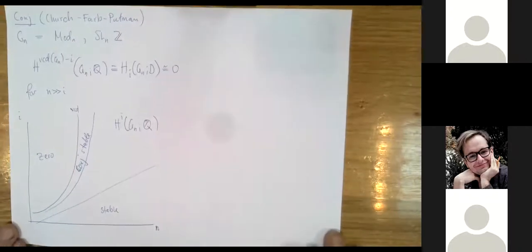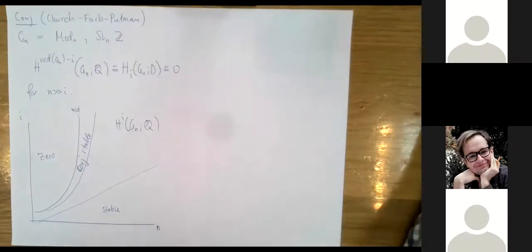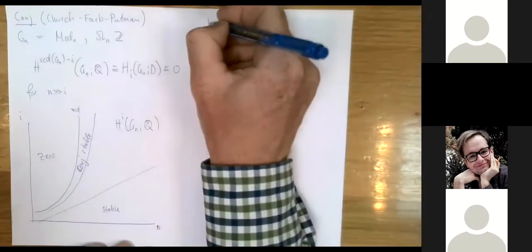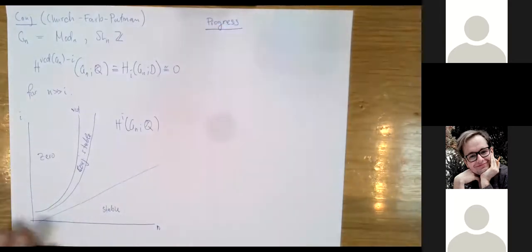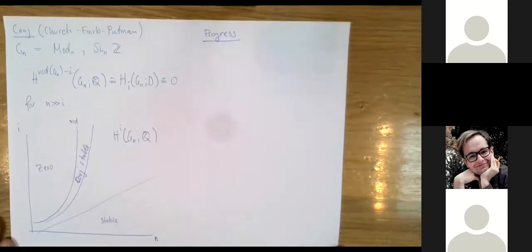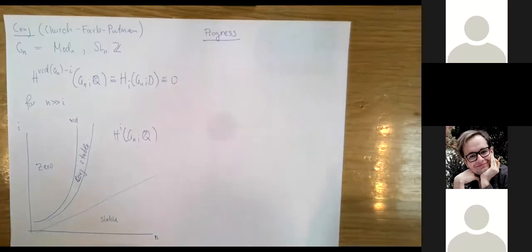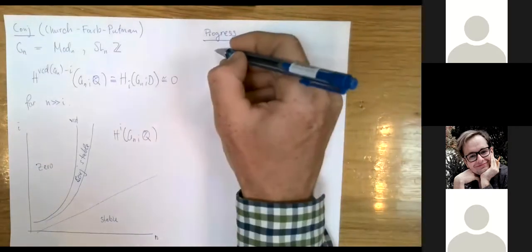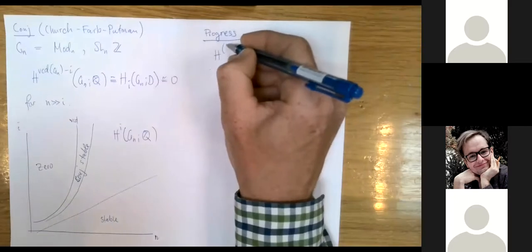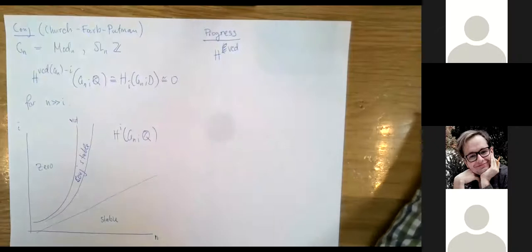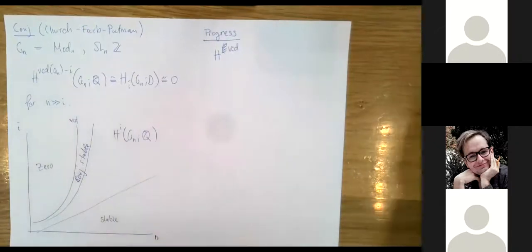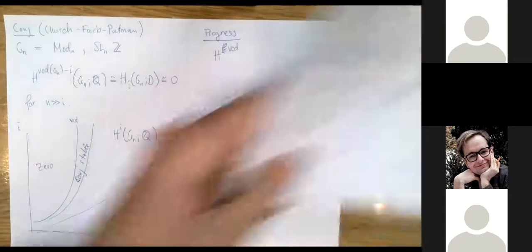I want to say that because I shortly want to tell you what is the progress on this conjecture so far. Quick question. Why have you drawn the virtual cohomological dimension curved? Because it's a curve.